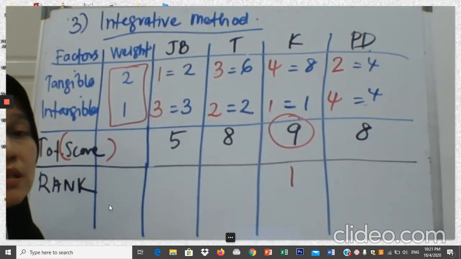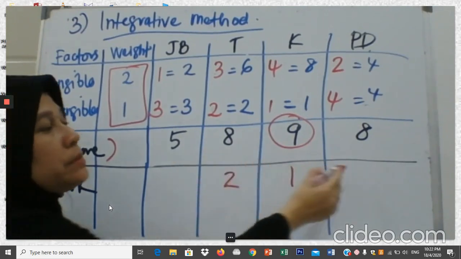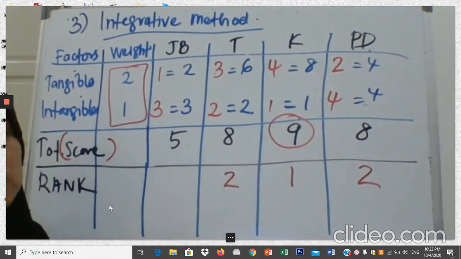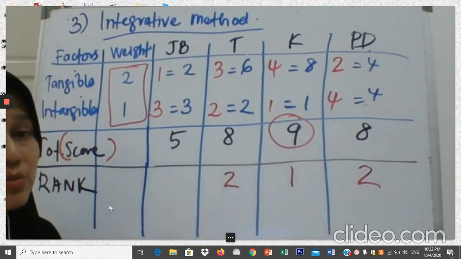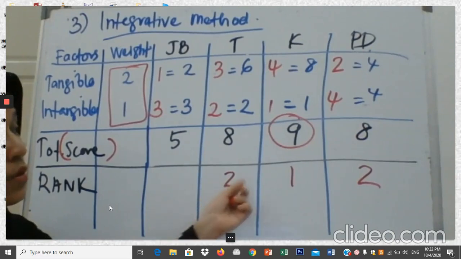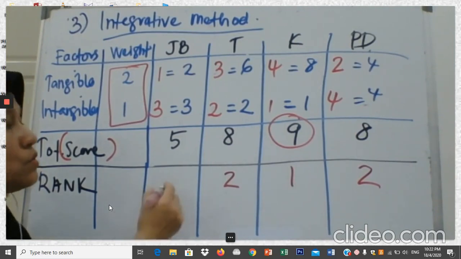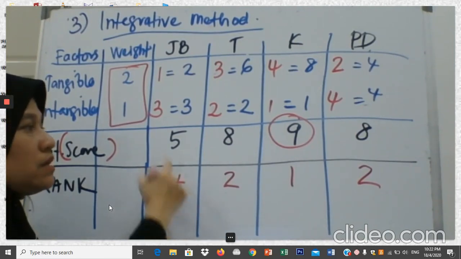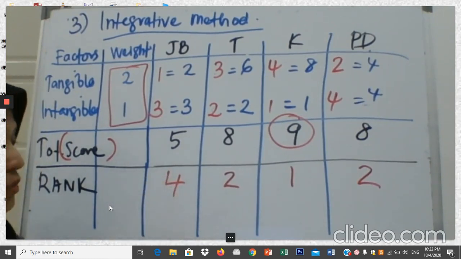You have to assign the same rank to these 2 locations. So rank number 2 for Tapa and rank number 2 for Port Dickson as well. When 2 locations have the same rank, the next rank must be skipped. So there is no rank number 3. 2 location mempunyai rank yang sama, so rank selepas tu you kena skip lah, you kena lompat. So JB has the lowest score, and should be given the last rank, that is rank number 4.